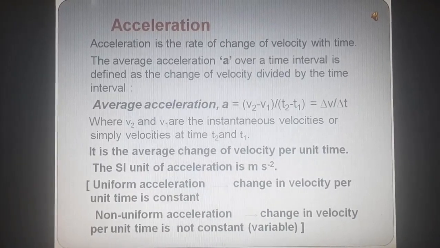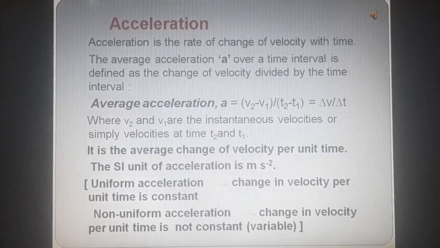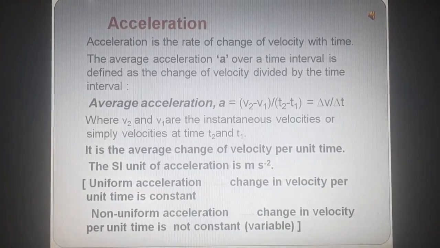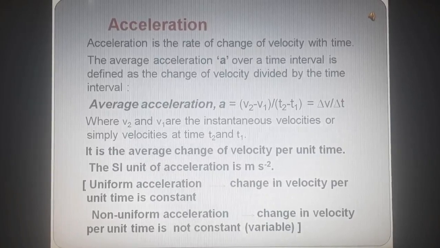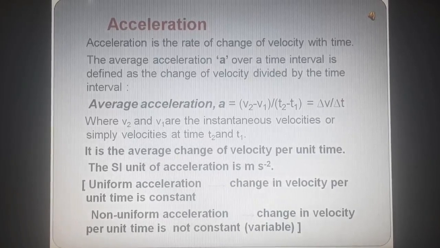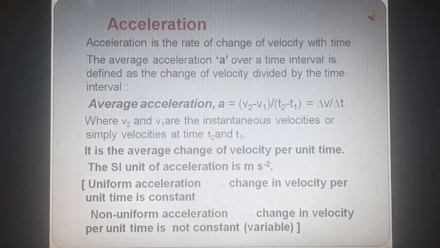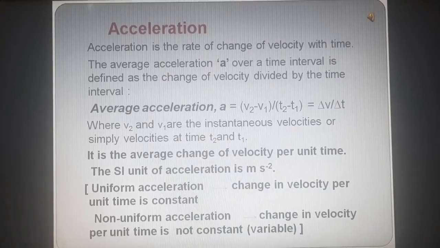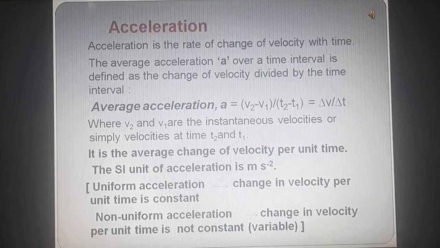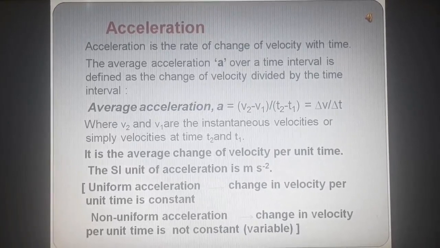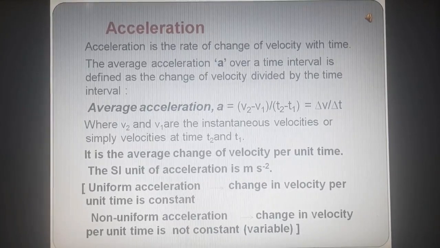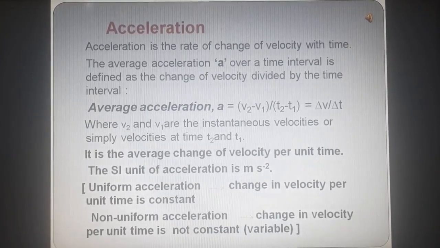It has different values at different instants of time and at different points of the path. The change in velocity of an object during any time interval when it is in uniform motion is equal to 0, but in non-uniform motion it will be not equal to 0.